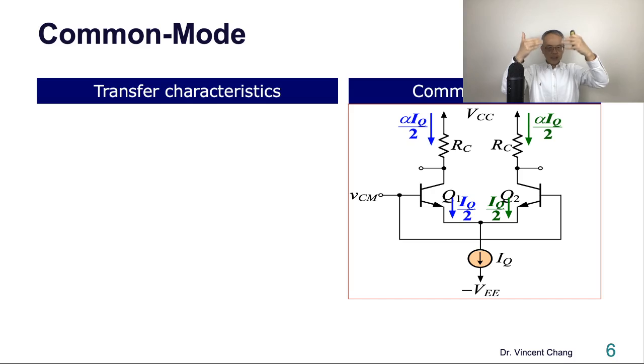And IC equals alpha IE, because we assume the transistor is operated in the forward active region.